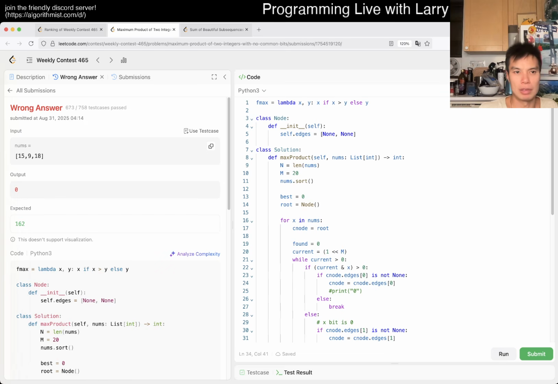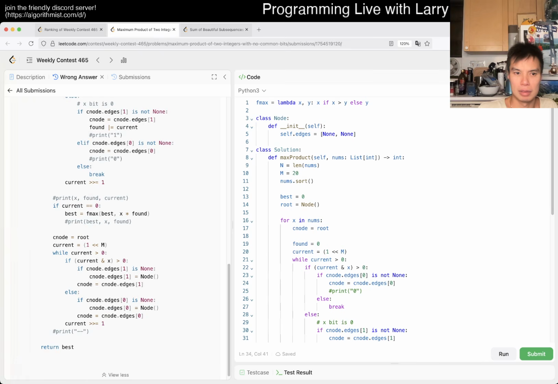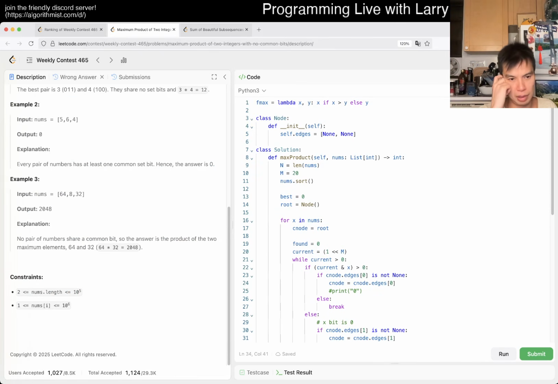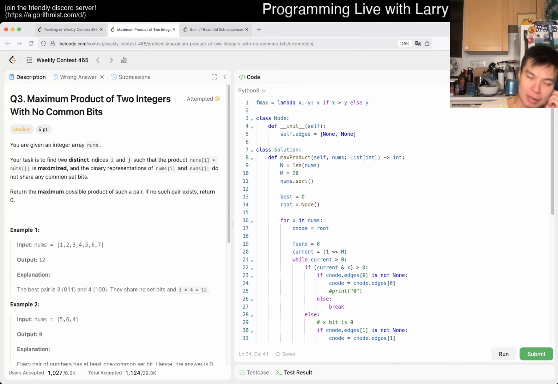DP is definitely too slow because it's almost fixed. Q4 is interesting. I want to solve Q4, but I don't even know how to do this one. Maximum.